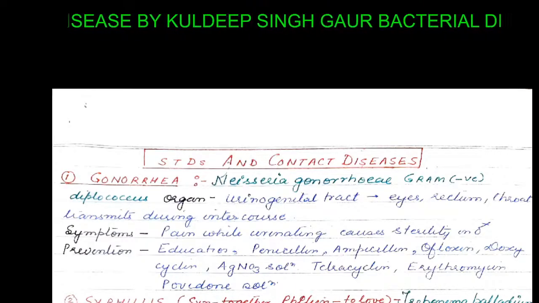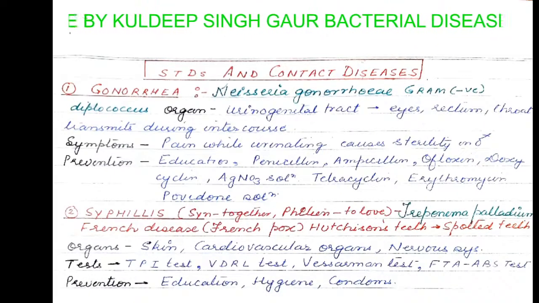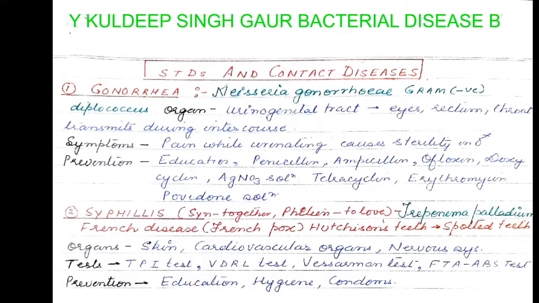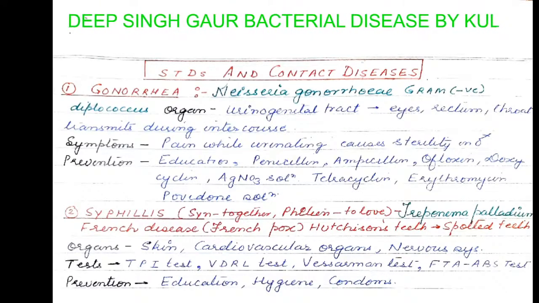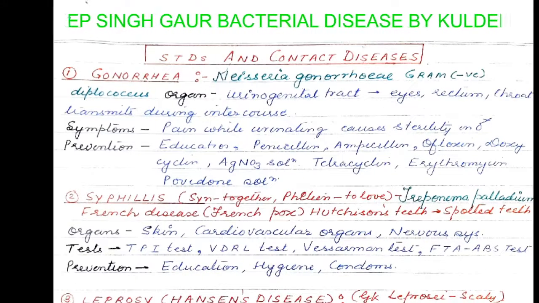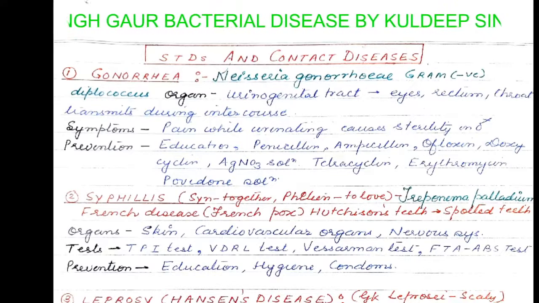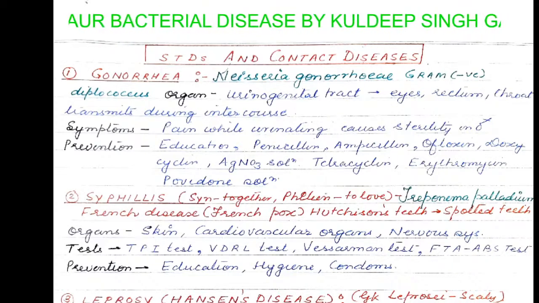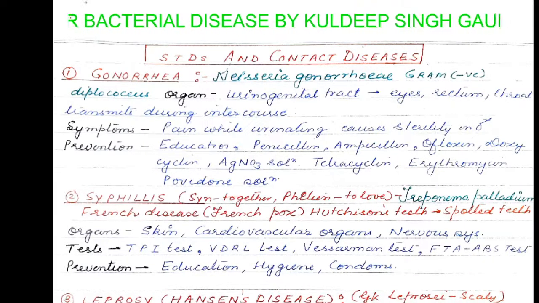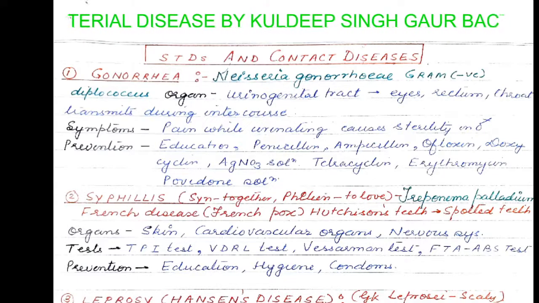Then we have STDs and contact disease. What are STDs? The sexually transmitted diseases. These involve gonorrhea, caused by Neisseria gonorrhoeae, which is a gram-negative bacteria, a diplococcus. The urinogenital tract is infected, and it is transmitted through sexual intercourse.